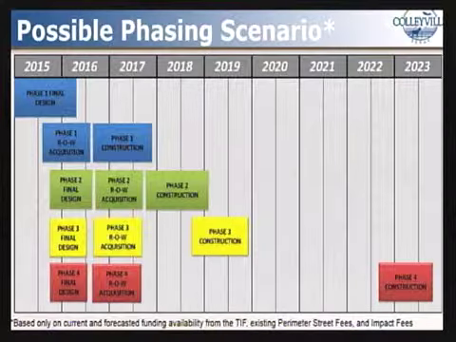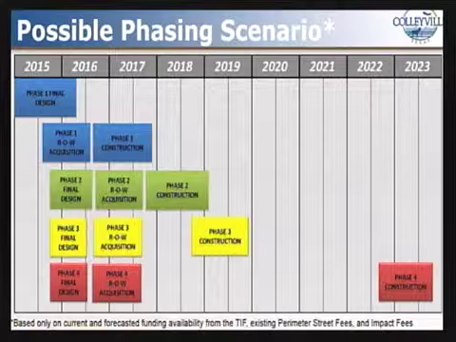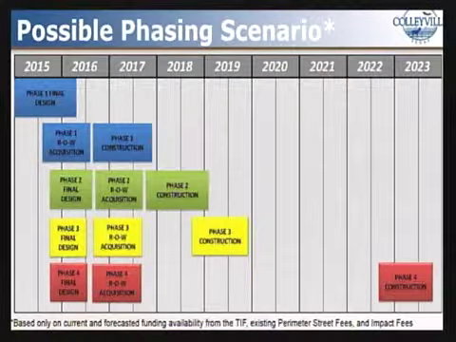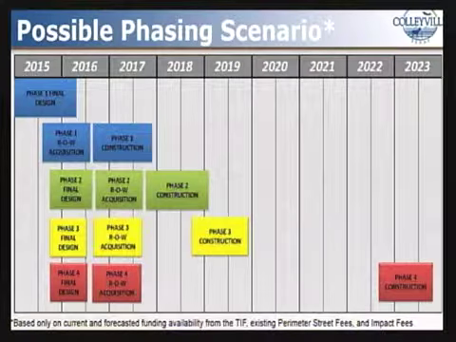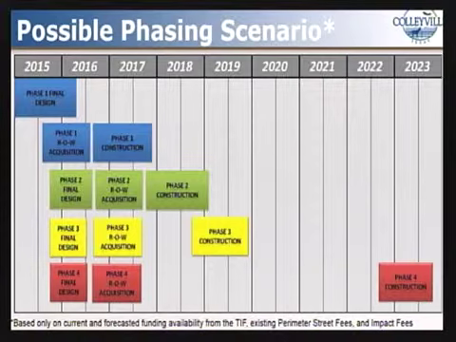Again, this is based on the preliminary and conceptual plans and does not take into account any design parameters that may increase or decrease the actual costs. This is only one scenario, and if City Council has a desire to move any other projects around or to focus their attention on a particular phase, there is the ability to do that.